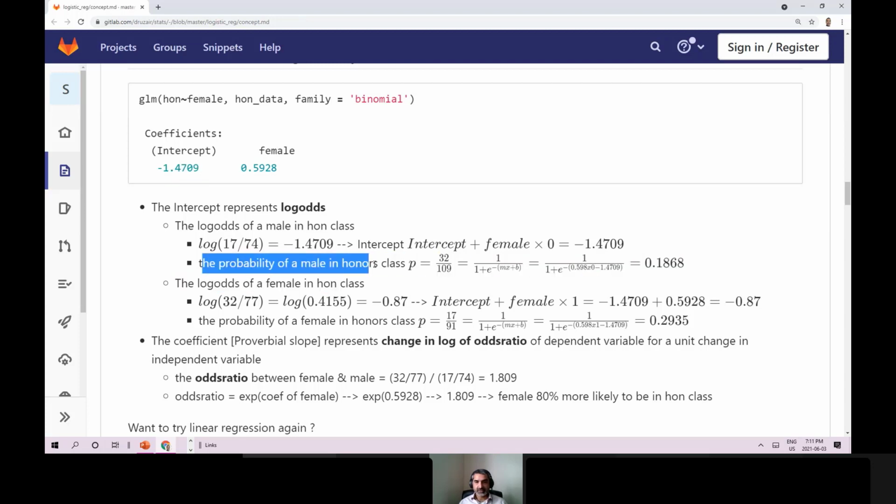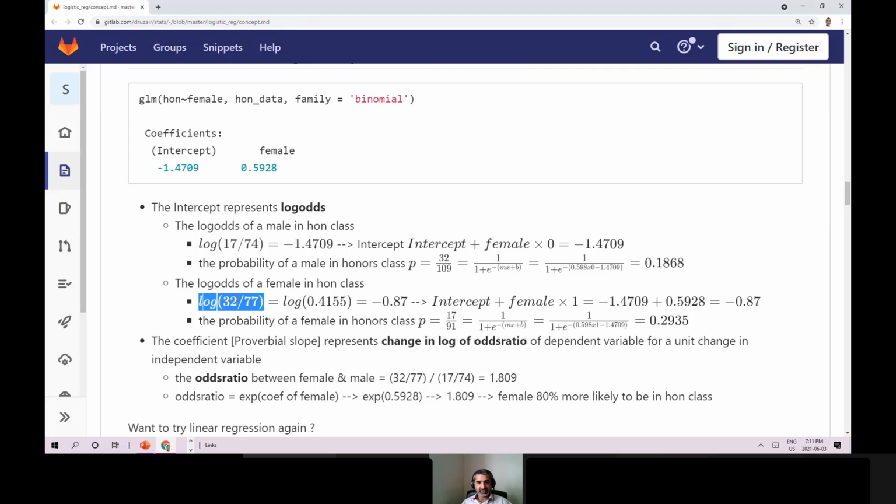It's the log of odds for a randomly picked male being in the honors class. The log of odds will be minus 1.4709. And the W for the independent variable also represents log of odds.